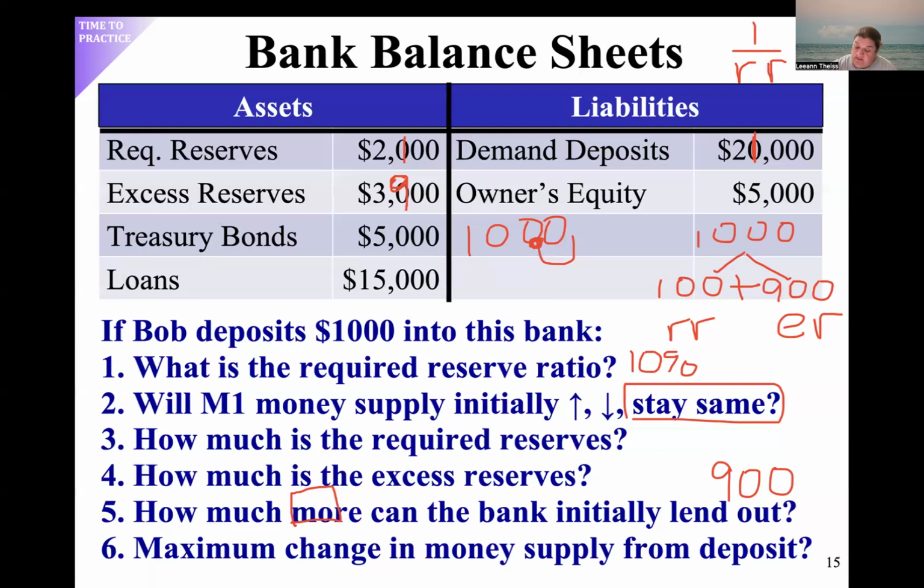So we've got 1 over 0.1, which means that the money multiplier is how much? That's right, 10. Our money multiplier is 10.